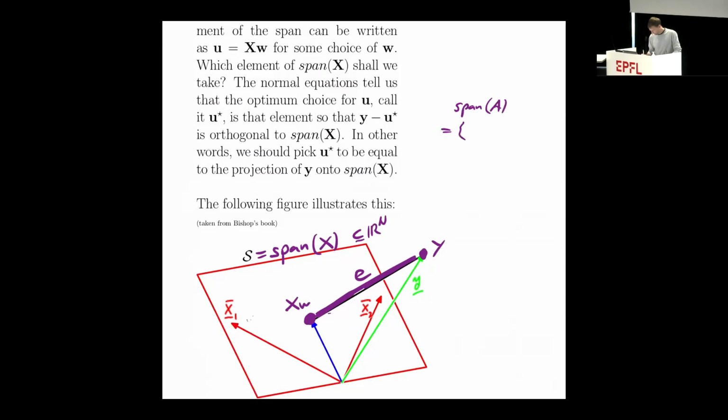If you ask what's the span of a matrix A, it's just the set of all vectors that are linear combinations of these columns, which I write using some weights. I can use any weight vector I want, which I call W, in D dimensions, or however many columns A has. That's how the span is defined.